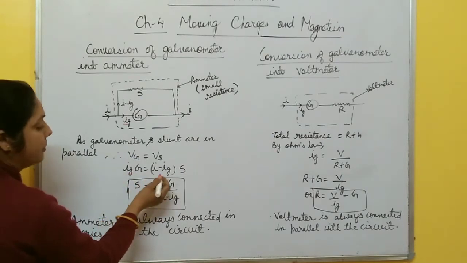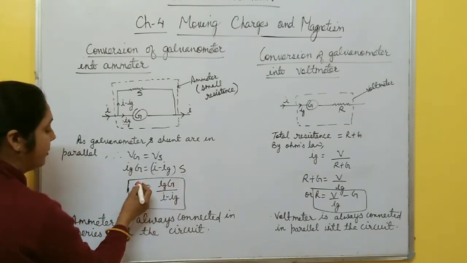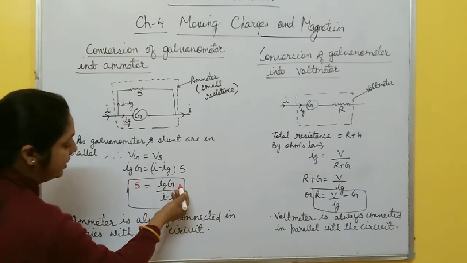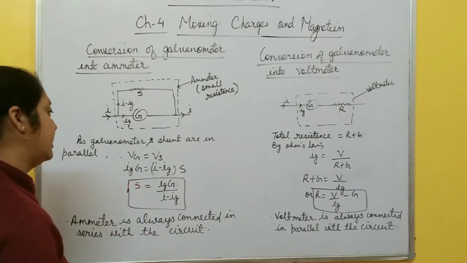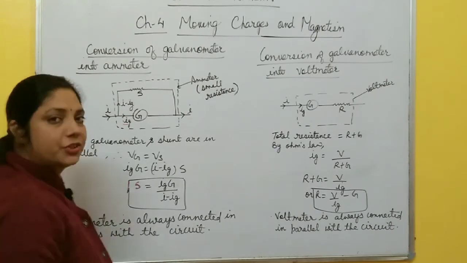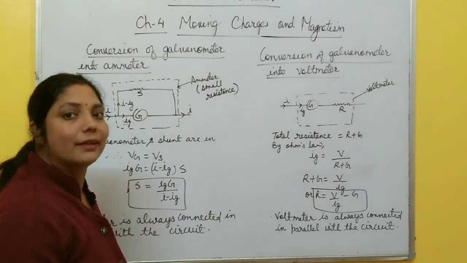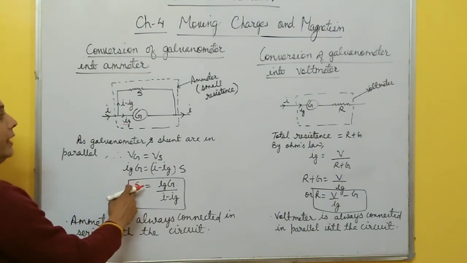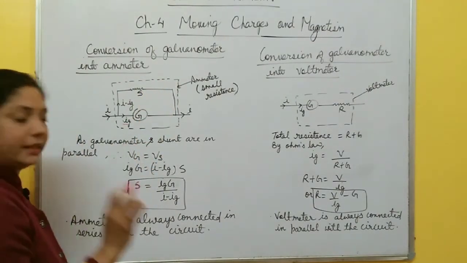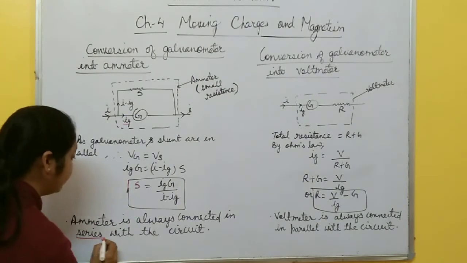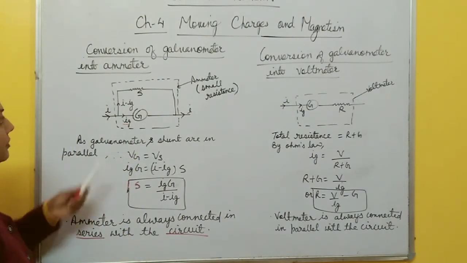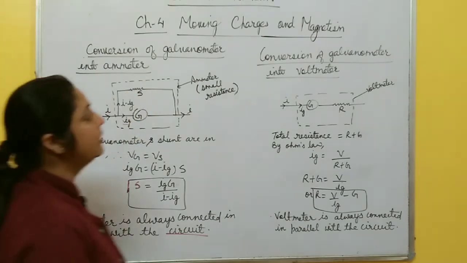It means Ig G equals (I minus Ig) times S. From here we can find S. S is equal to Ig times G by (I minus Ig). So according to the range to which you want to construct the ammeter, we can decide this value of S. And this ammeter is always connected in series with the circuit. You must remember these things, right? This is about the conversion of a galvanometer into an ammeter.